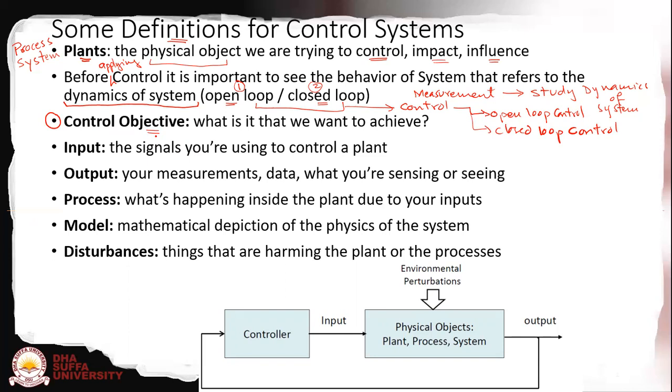So in control, the objective is something where we clearly mention what we are going to achieve. And then in this whole thing, there are some signals which are treated as the input. This is the signal that you are using to control the plant. So this is generated by the controller.